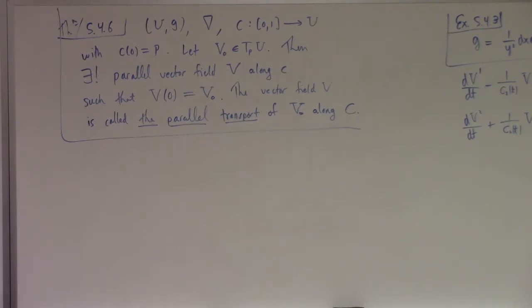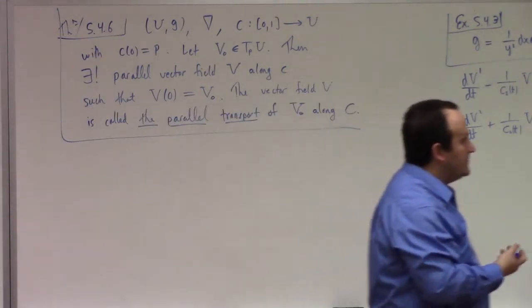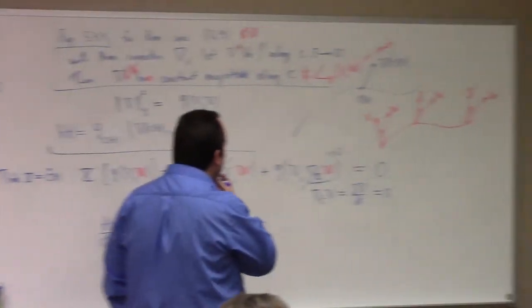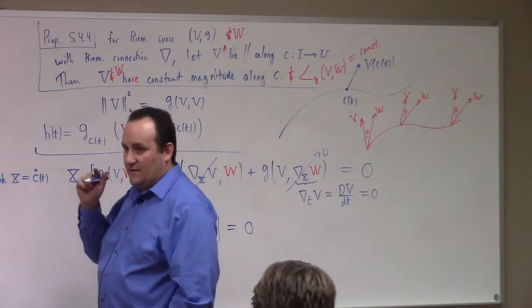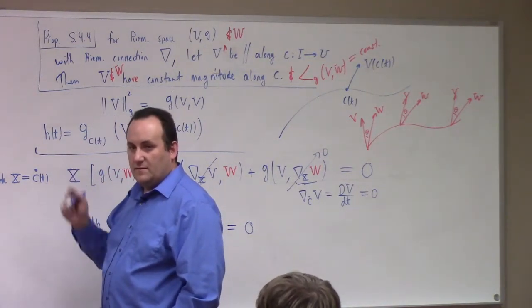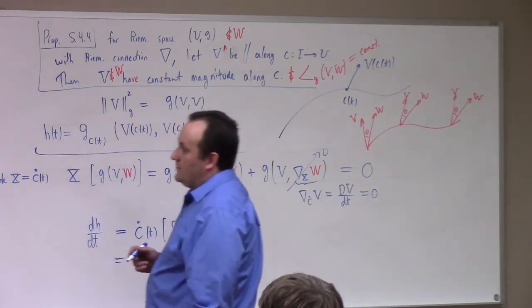But the precursor to this theorem is the ones we just did on the other board, right? You can kind of understand what's going on here. You start out with one vector, and you look at another vector of the same length along the curve. Well, no, I can't say that.